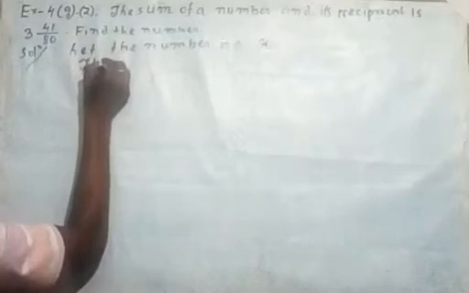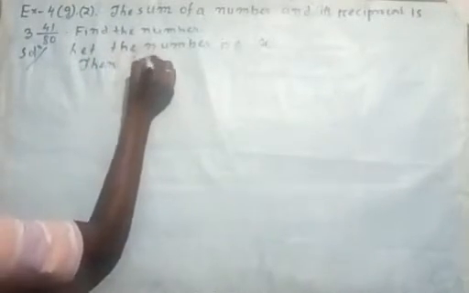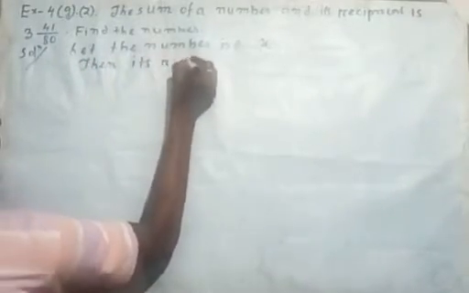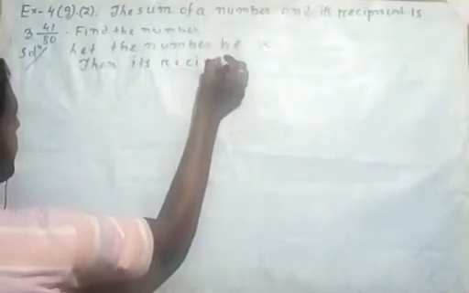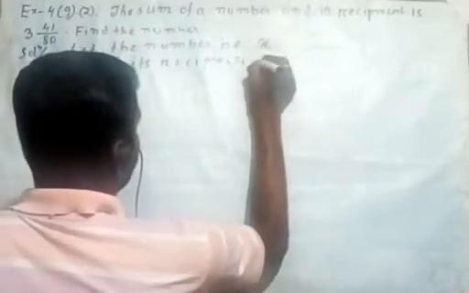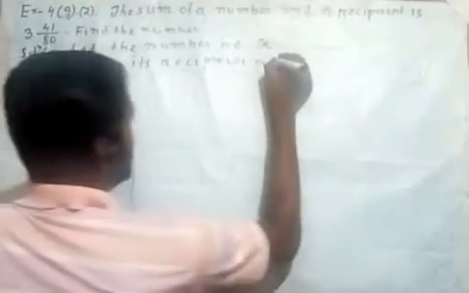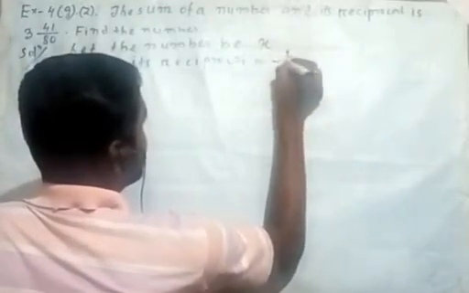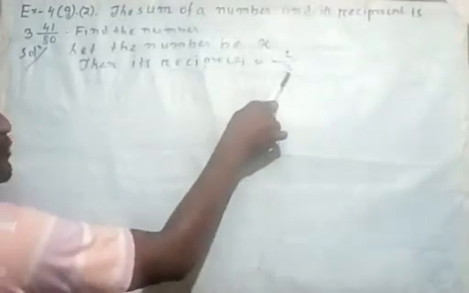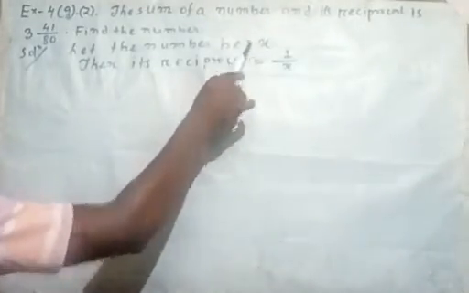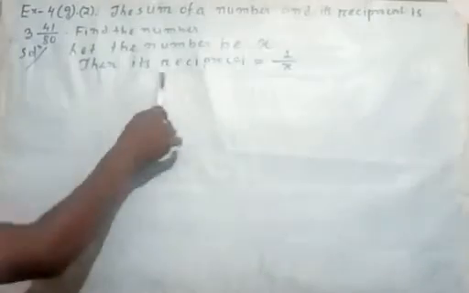Then its reciprocal is equal to 1 by x. What have we written? 1 by x. X was the number, then the reciprocal will be 1 by x.